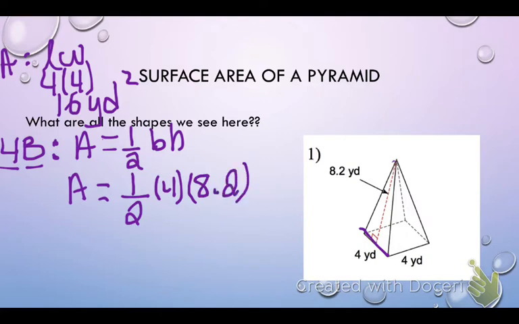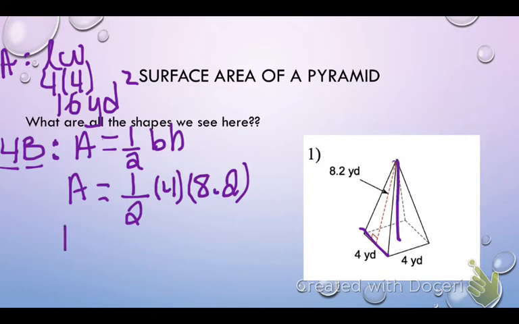Notice this is the height of the side of the triangle. It's the height of the triangle, which is the side of the pyramid, but it's not the actual height of the pyramid. So just think about that for a second. The actual height would be from the tip straight down. Those are different heights there.